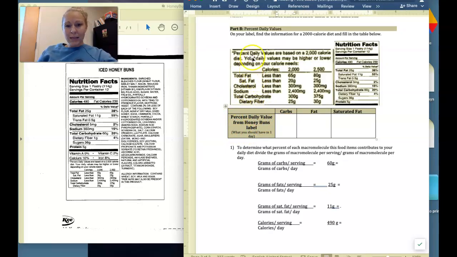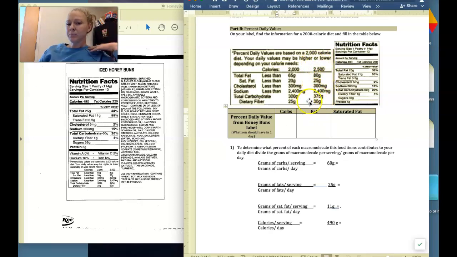The percent daily value is telling us that for some people, we're supposed to have 2,000 calories per day, and for other people, about 2,500 calories.